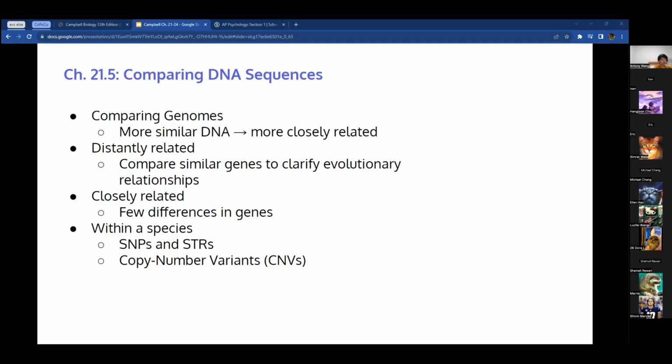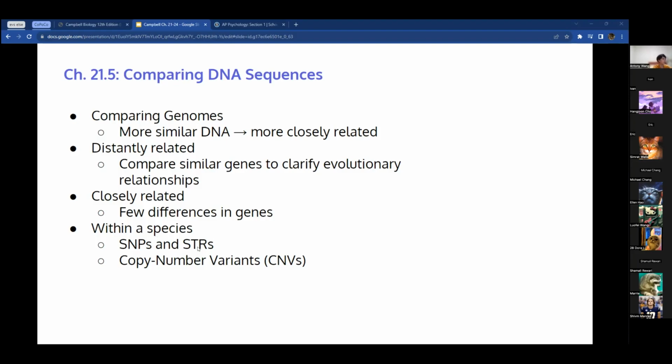SNPs are generally inherited together with a disease-causing allele, so by finding a SNP, you can discover that it's associated with the disease.